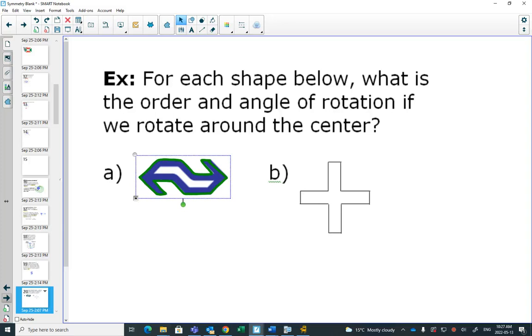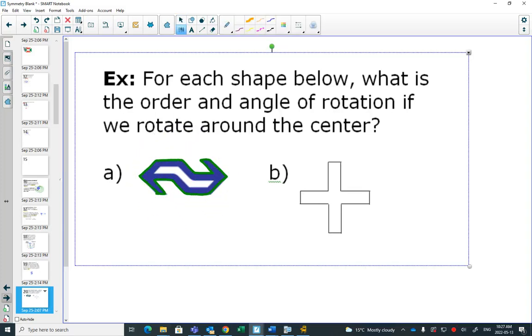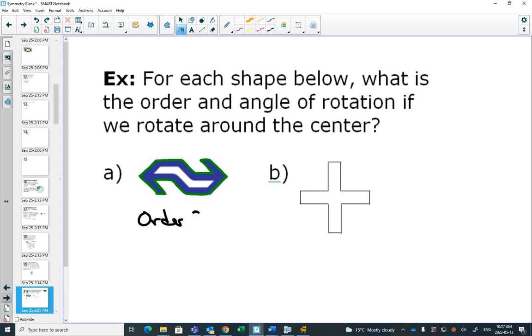Does it match up? Yes, it does. So that's order 2. So this is order of 2 and angle of rotation of 360 divided by 2, 180 degrees.